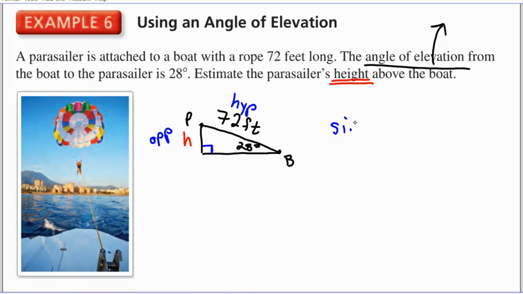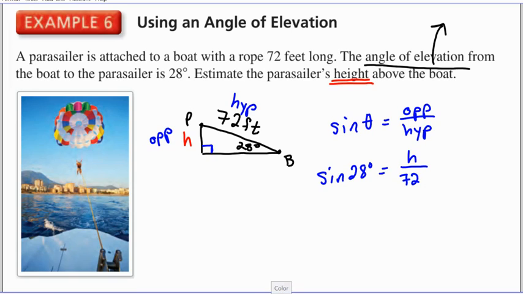That's going to be sine of my angle theta is opposite over hypotenuse. And I plug in the values that I know that I have. So sine of 28 degrees is going to be the opposite is h, and the hypotenuse is 72 feet.